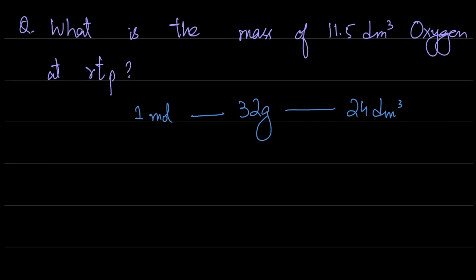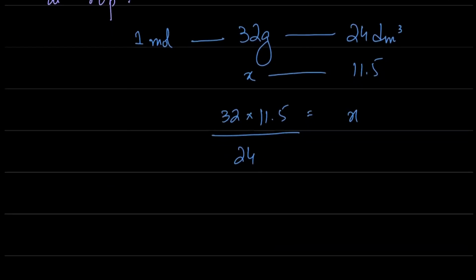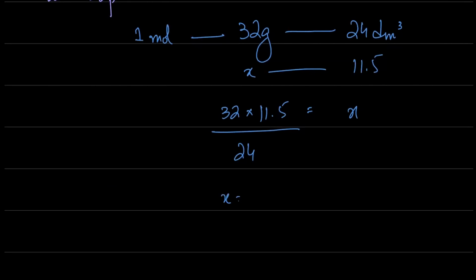So 11.5 dm cube will take x grams. Now you cross multiply them. 32 times 11.5 is equal to 24x. So 24 divides here, and there you go. That's our answer. Can you calculate, please? 15.3 grams. And that's my answer.